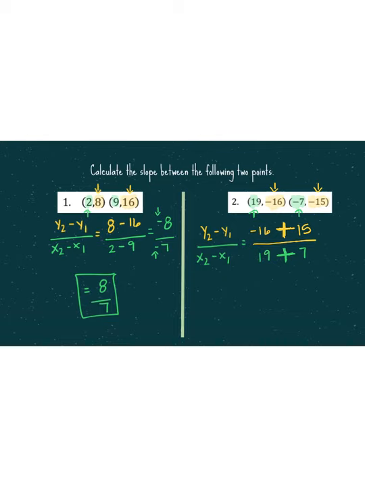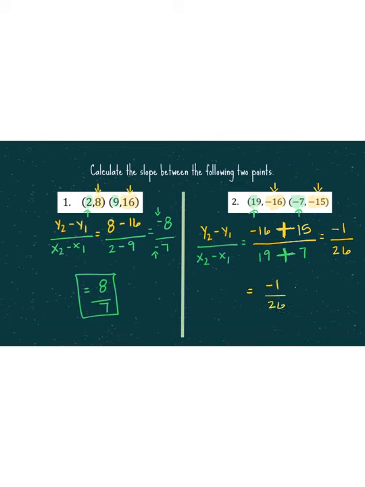So now I have negative 16 plus 15 on the top, and 19 plus 7 on the bottom. So negative 16 plus 15 is going to give me a negative 1. I'm going to put that over 19 plus 7, which is going to give me a 26. So my slope is going to be equal to negative 1 over 26.